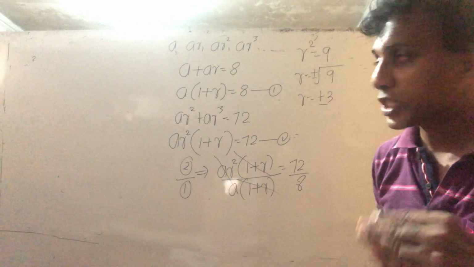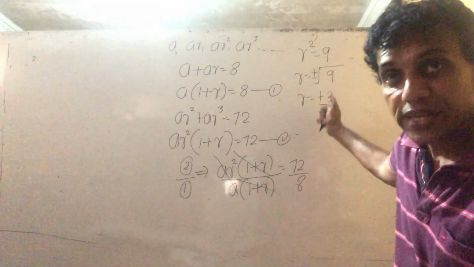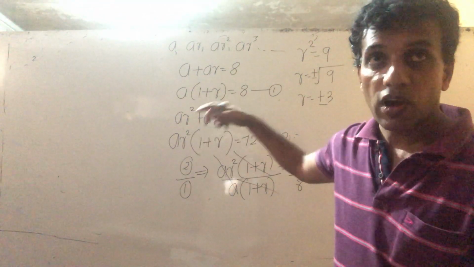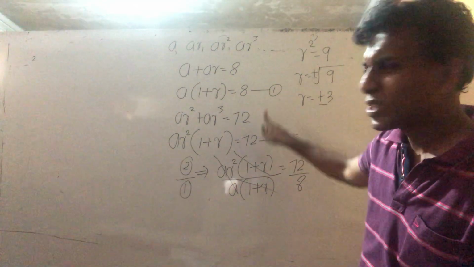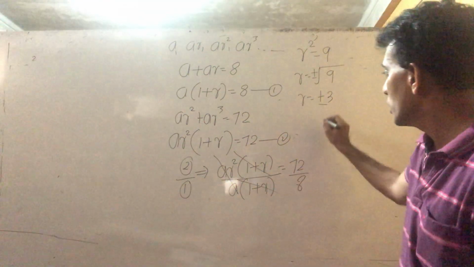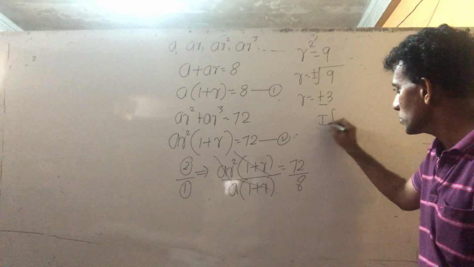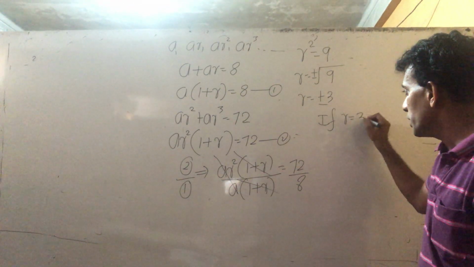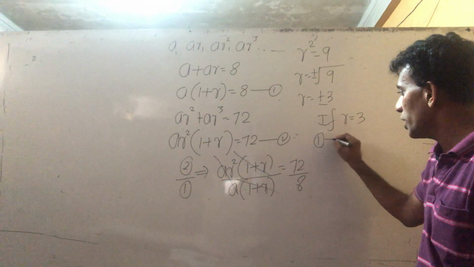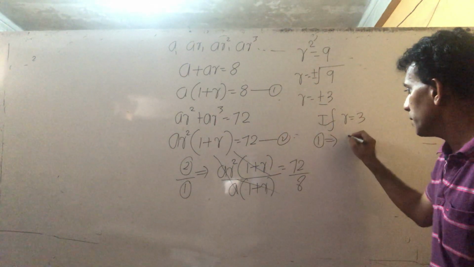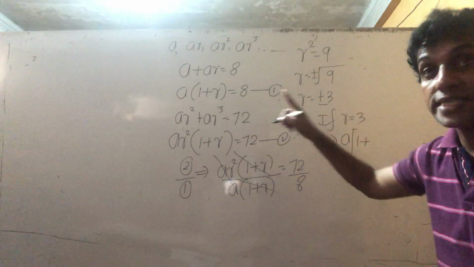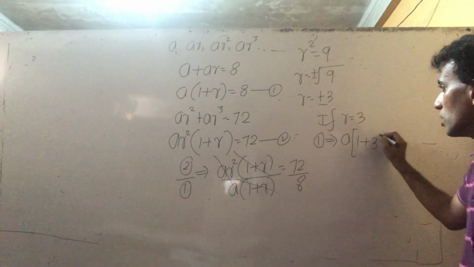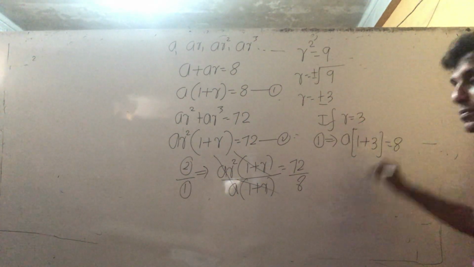Now you find the corresponding first term. If r is 3, what is a? If r is minus 3, what is a? You can take the first equation or the second. I think the first is easy. If r equals 3, go to the first equation: a times (1 + 3) equals 8.